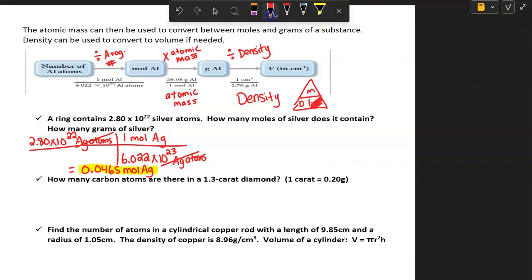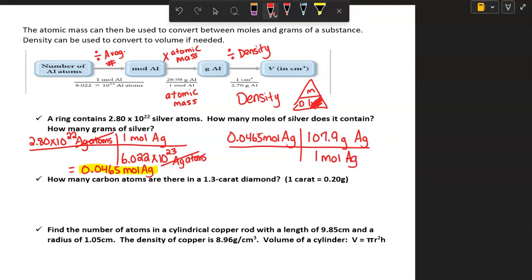And then it asks us for grams of silver. So we're here, we're trying to go there. So we're going to take the moles that we just found, and we'll have to go look up silver on the periodic table, find its atomic mass. It is 107.9 grams of silver for every 1 mole of silver.